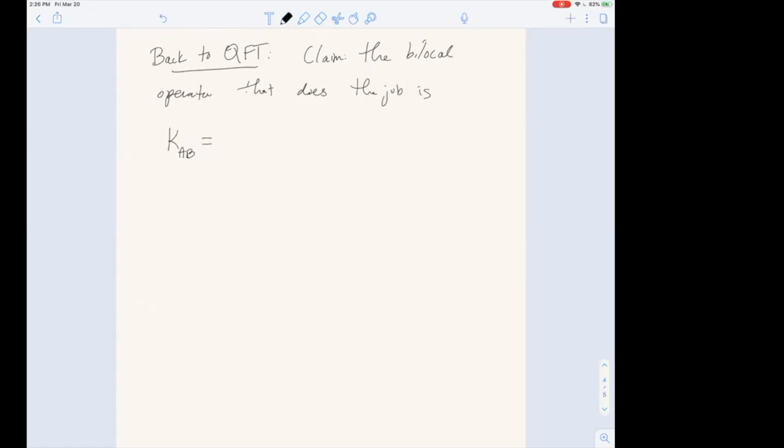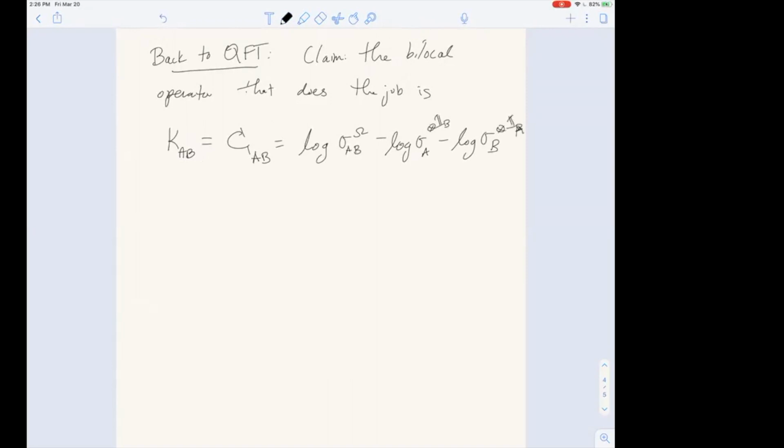I'm just going to call it C_AB for reasons that will become clear. It is log of the density matrix on AB minus log of the density matrix on A minus log of the density matrix on B. And there should be tensor identities on the other factors here.